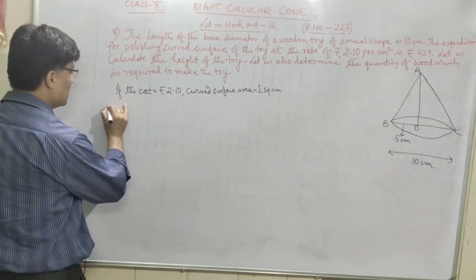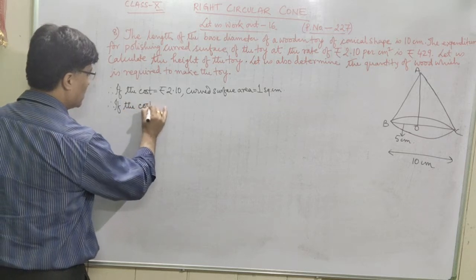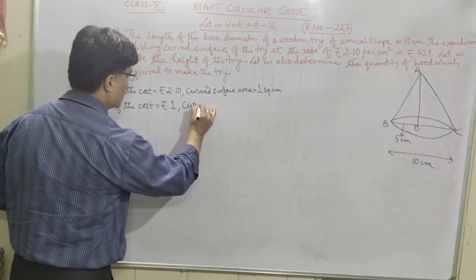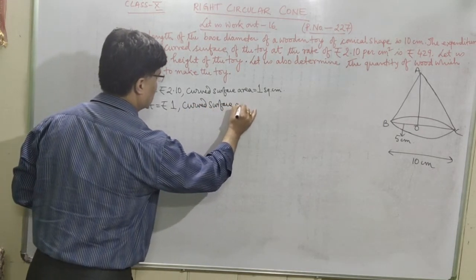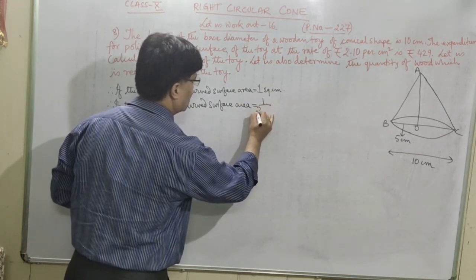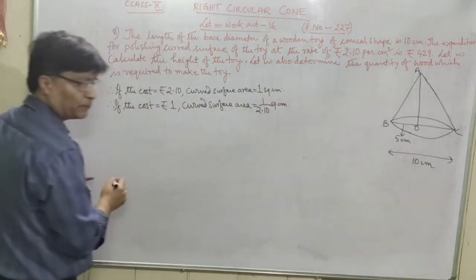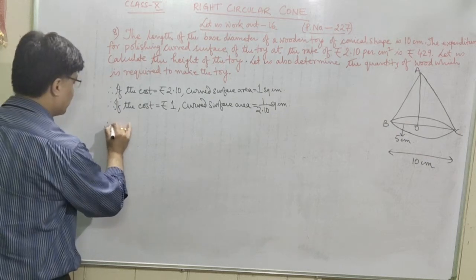So let us use the unitary method. If the cost is equal to rupee 1, so curved surface area is 1 upon 2.10 square centimeter. But what is the total cost given here? Rupees 429.